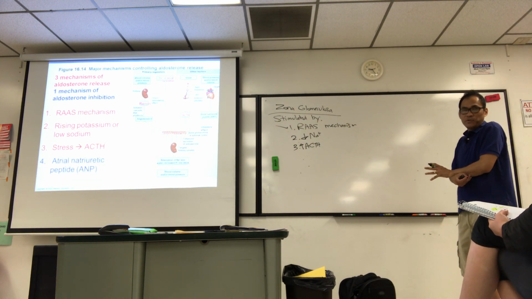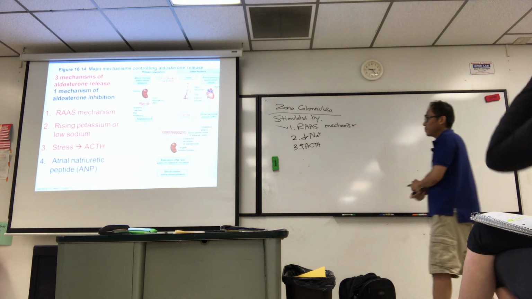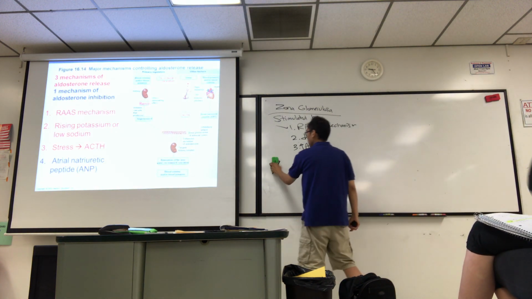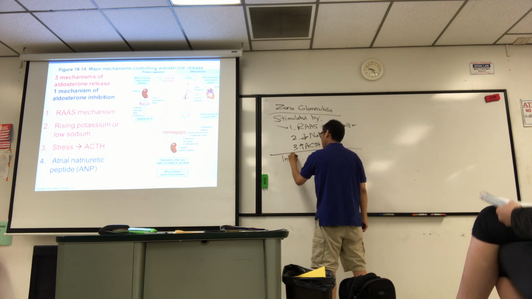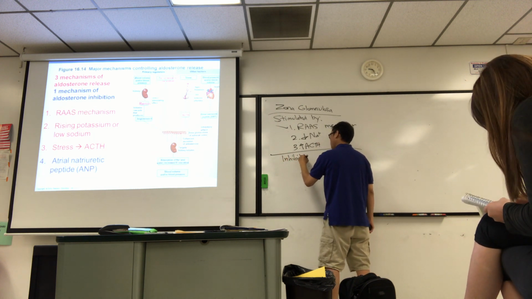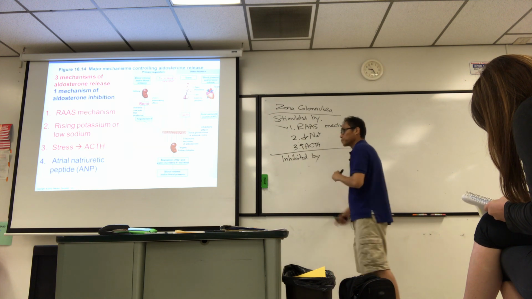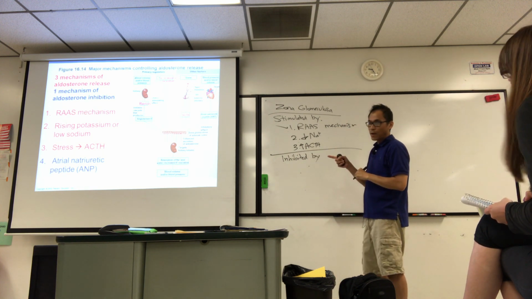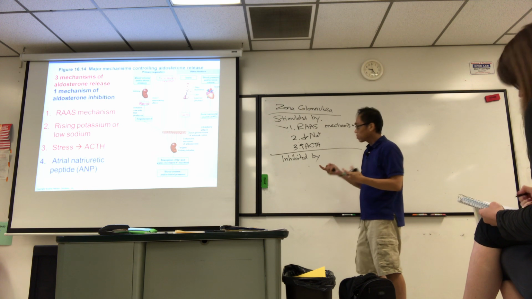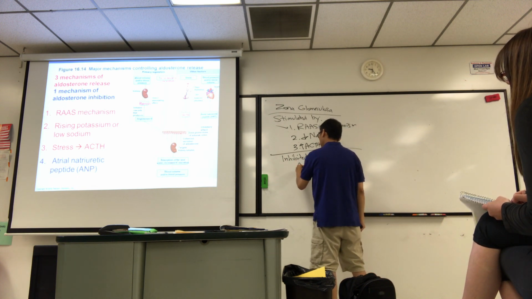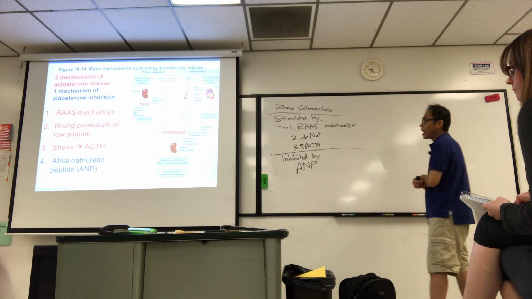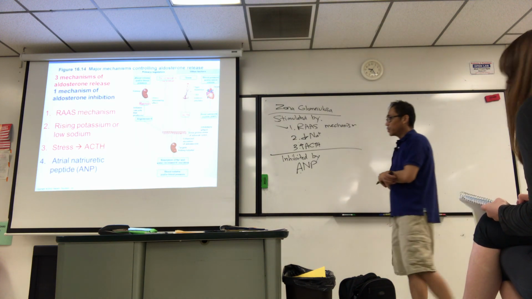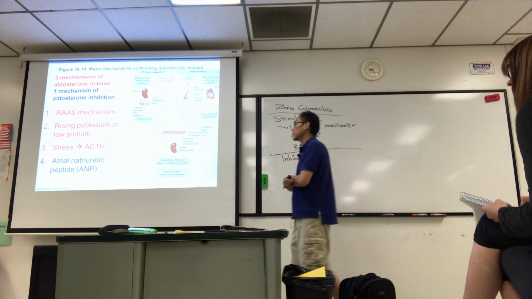So if blood pressure is too high, one mechanism of inhibition is atrial natriuretic peptide. It comes from the heart, ANP for short. If blood pressure is too high, this can be monitored by the heart, and you'll inhibit aldosterone.